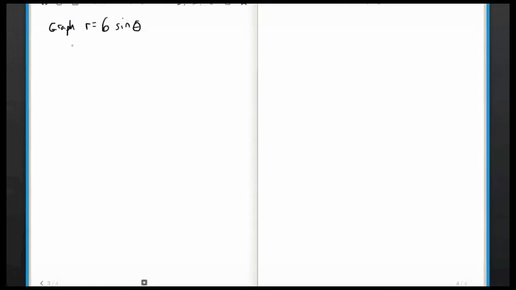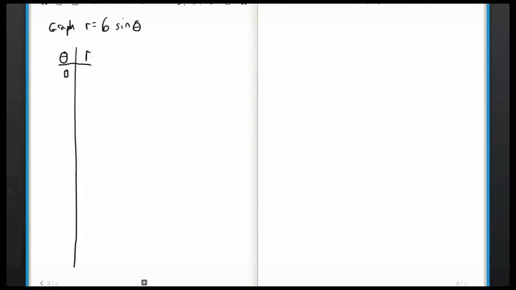So I'm going to start by making a table of values here, with my thetas and my r's. See if I can fit them all in there like that. I'm going to speed through this because it's a little boring to watch.